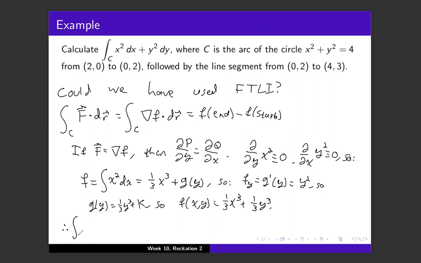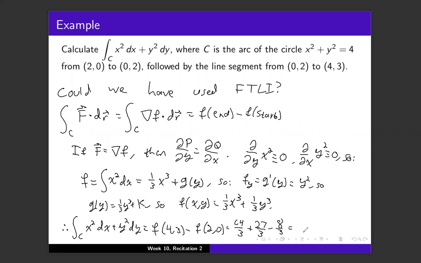So actually, this whole thing could be made much simpler if we just take the integral over C of x squared dx plus y squared dy. This whole thing is going to come out to f of the ending point, which is 4, 3, minus f of 2, 0. 4 cubed is 16 times 4 is 64, so that's 64 thirds plus 27 thirds minus 8 thirds.